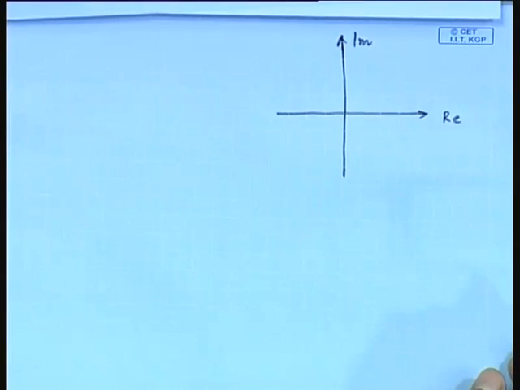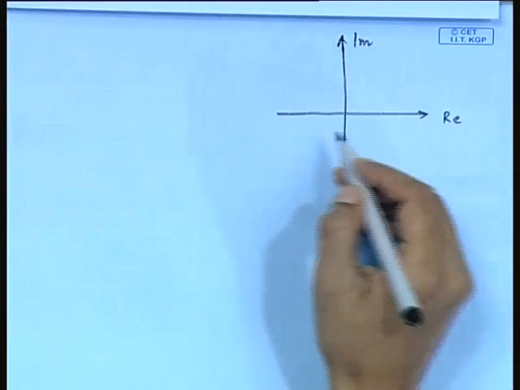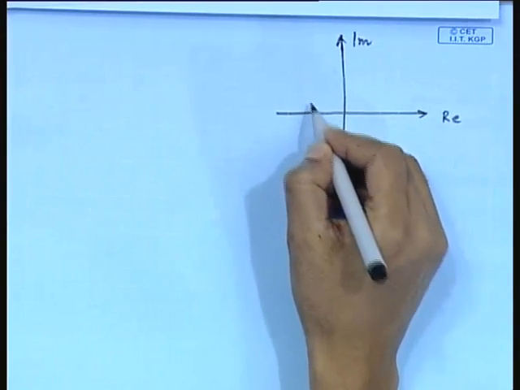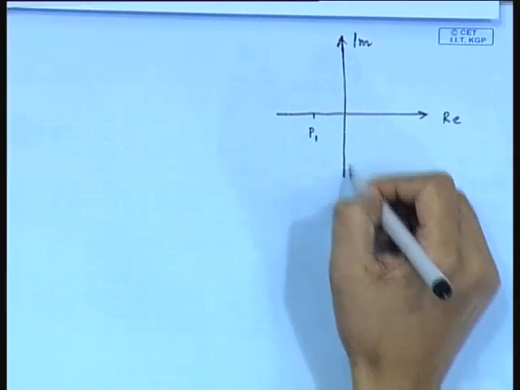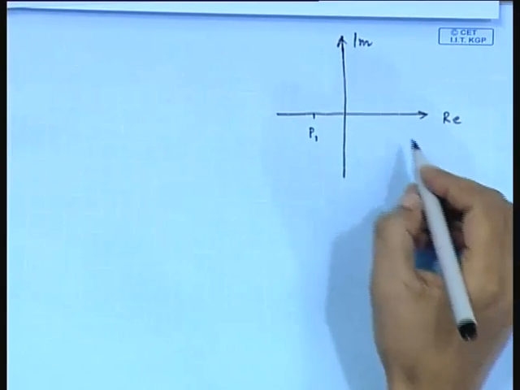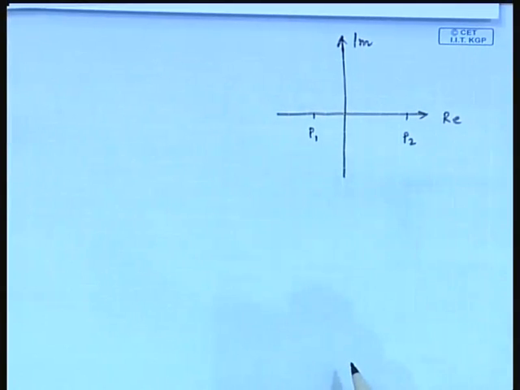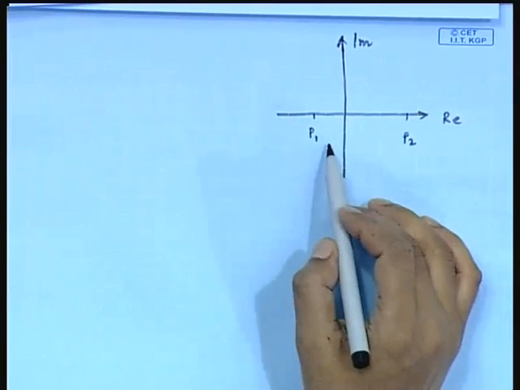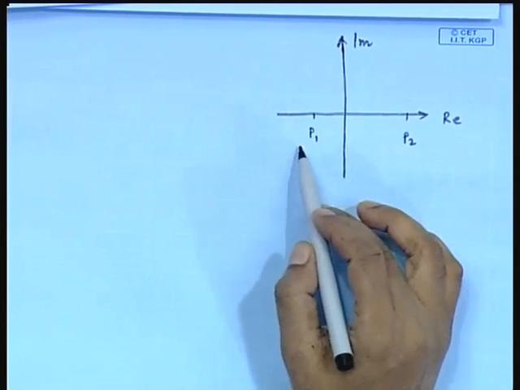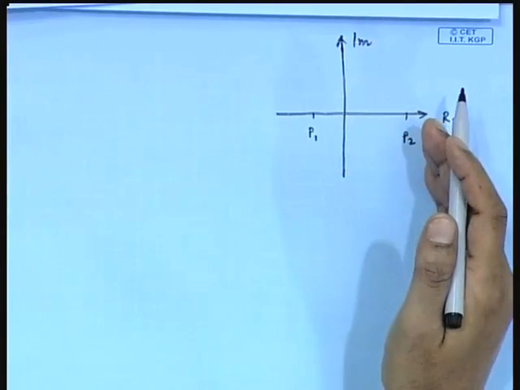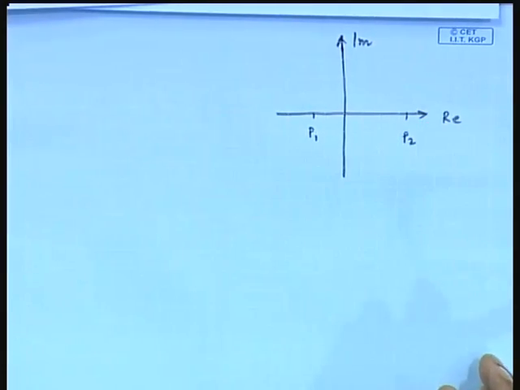Both the poles are real and distinct. One pole we will consider on the left hand side of the imaginary axis, another pole on the right hand side of the imaginary axis.